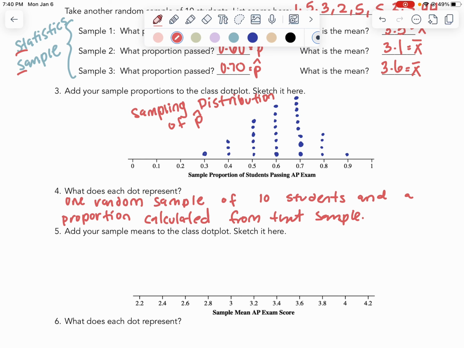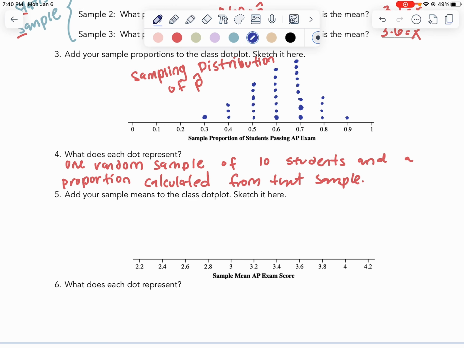Right, and if you wanted to be even more specific, you could say the proportion of students that passed from that sample.